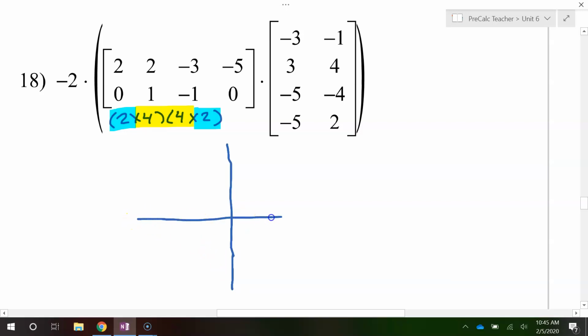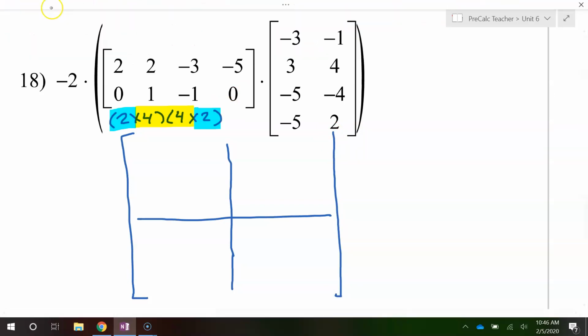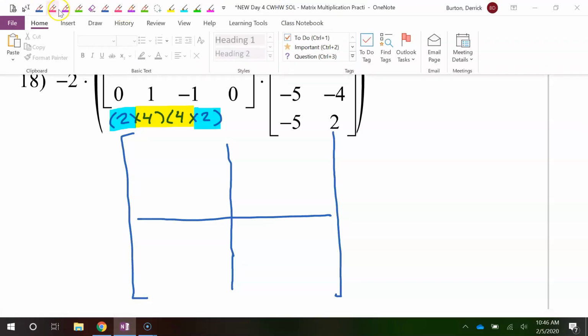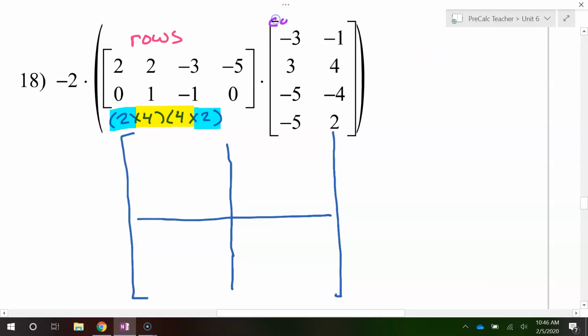It should be fairly big. Now what we do is we take the rows from the first matrix and we take the columns from the second matrix.